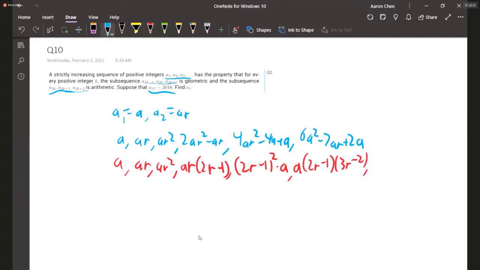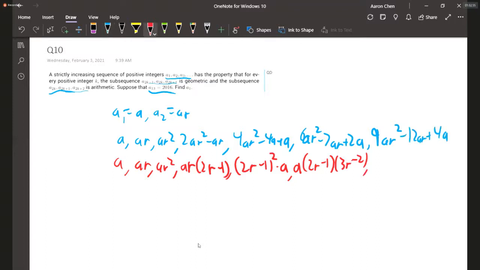And the next term is 9AR squared minus 12AR plus 4A.